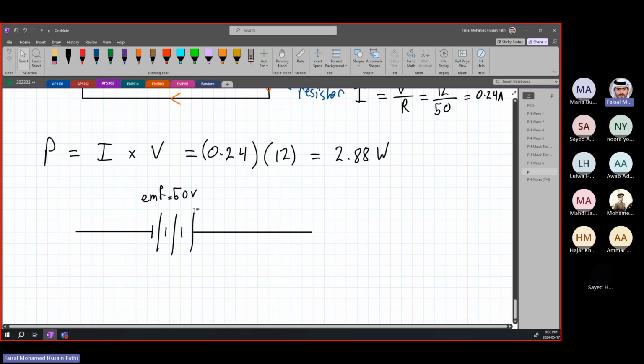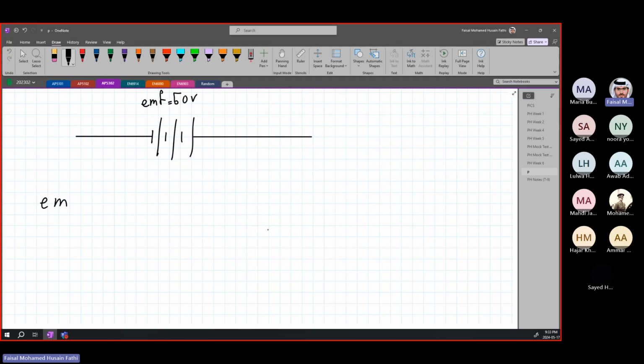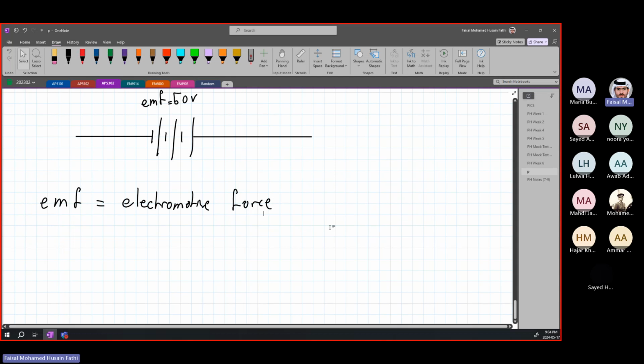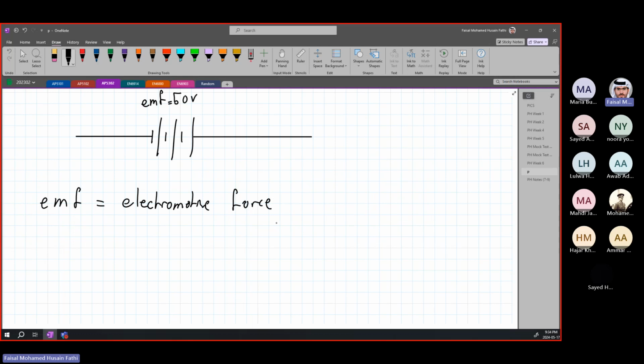Again, EMF is just voltage, but it is also known as the electromotive force. All right. So the electromotive force is basically the energy or the voltage provided by a source.